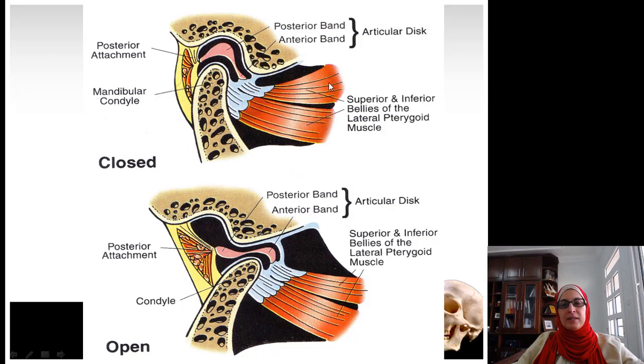Here are the pterygoids, the superior and inferior lateral pterygoid, and you can see the superior lateral pterygoid is attached to the disc, and the inferior part is attached to the condyle.